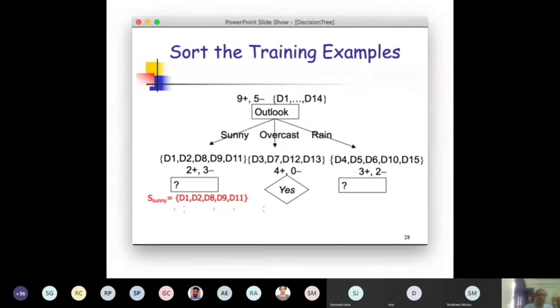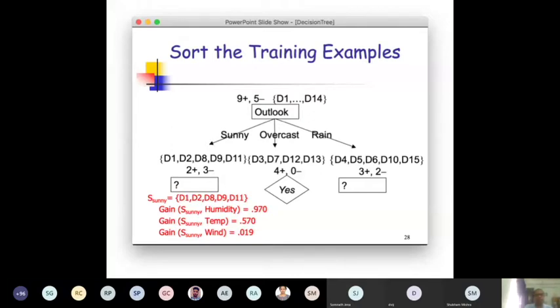And here, you will find that actually I have not used sunny here, though I have not shown it, you should also see the gain using sunny there. So you find that if you carry out this exercise, which one is the highest gain? That is the gain corresponding to humidity.